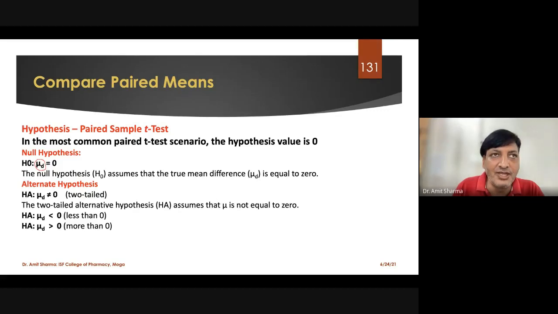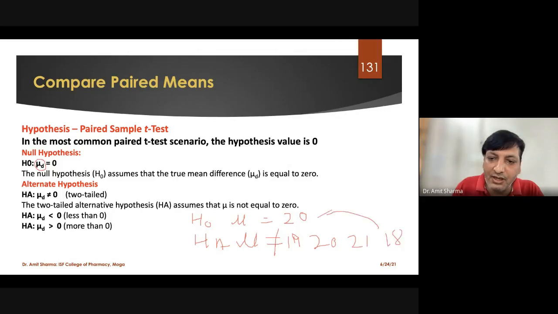So once I gave you the example that we consider as null hypothesis, for example, that mean is equivalent to 20. But alternative hypothesis says that mean is not equal to 20. It can be 19, it can be 21, it can be 18, but it cannot be 20.